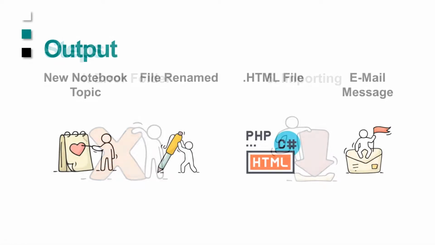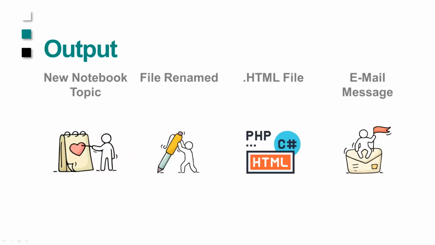When it's done, it's going to be moved to either a success or a failure folder in my directory. When it is done, it's going to, number one, rename my file so that I know that it's been through the scrubber.